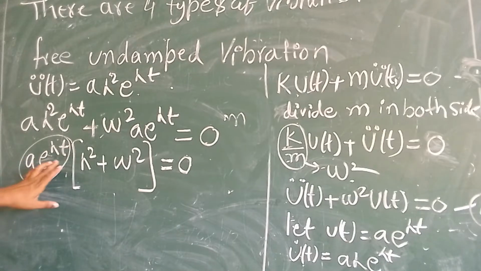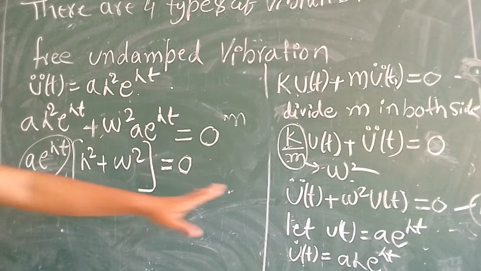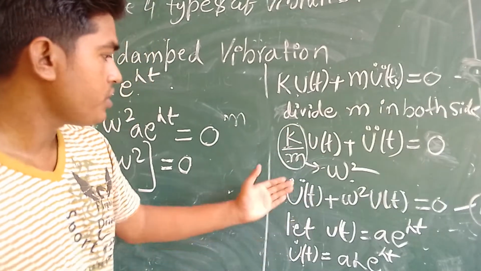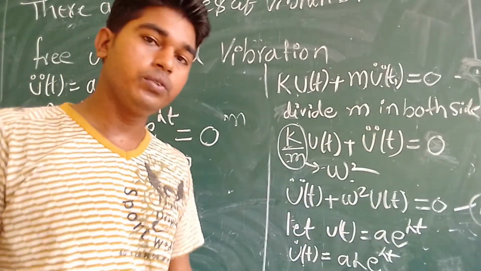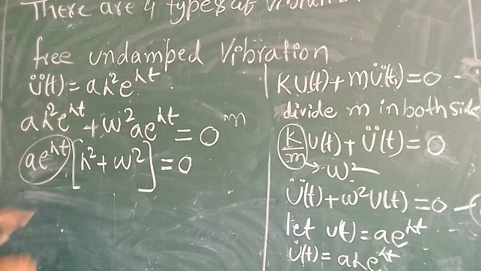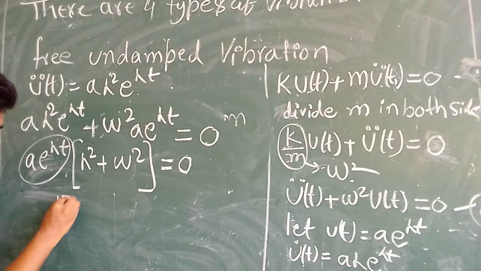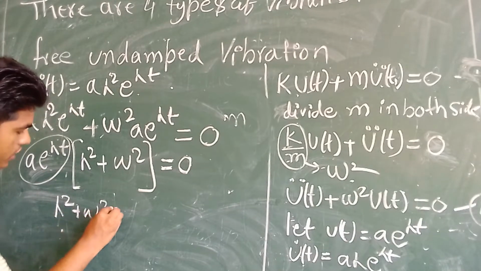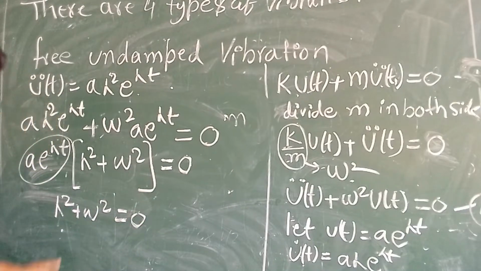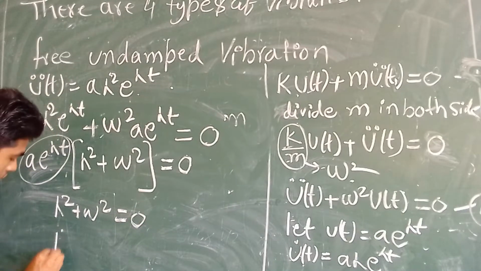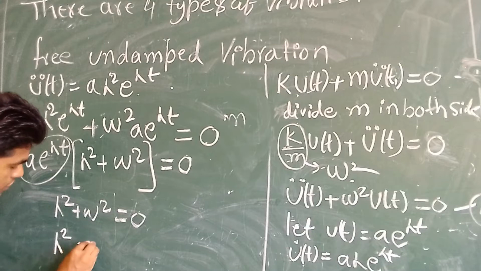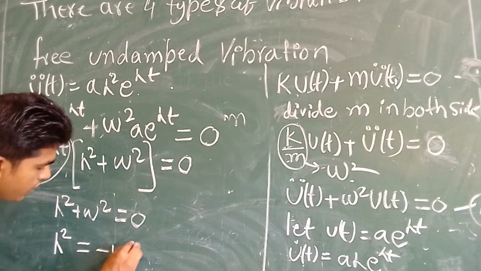So lambda square is equal to minus omega square.